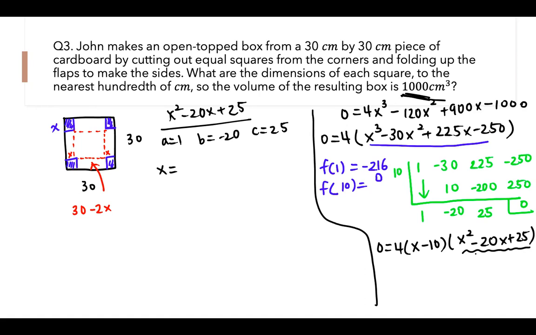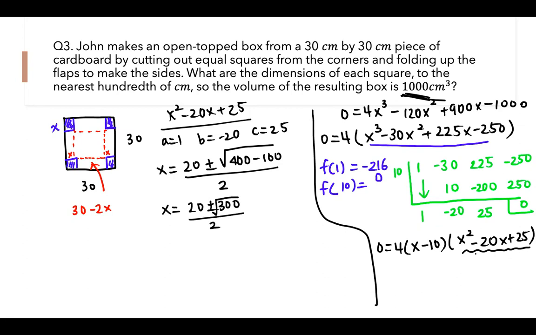So let's plug it into my quadratic formula. So negative negative becomes positive, so 20 plus or minus the square root of 20 squared, which is 400, minus 4 times 1 times 25, which is 100, over 2 times 1, which is 2. And then let's simplify. x is equal to 20 plus or minus the square root of 300 over 2.